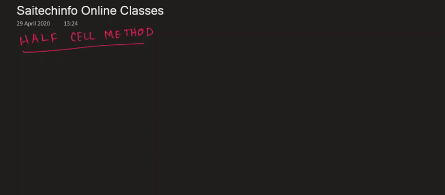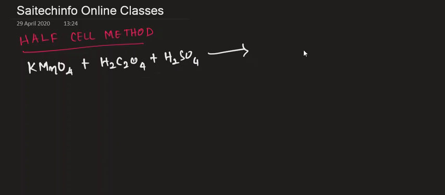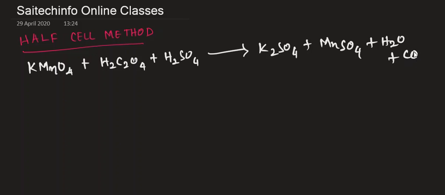Let us consider the same potassium permanganate. So KMnO4 plus H2C2O4 in presence of H2SO4 gives K2SO4 plus MnSO4 plus H2O plus CO2.